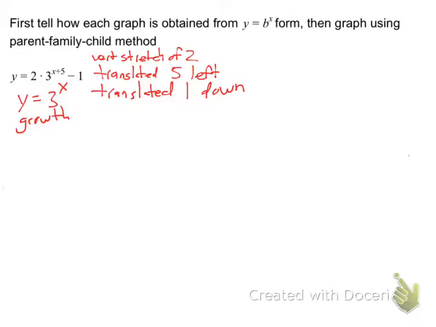So I'm going to start the process now. I understand we already wrote down the parent. We already wrote down that it's growth. But I'm going to start the process from the start to finish. And I always start off by saying parent and listing it. What's the parent again? 3 to the x. And we know things about parents.